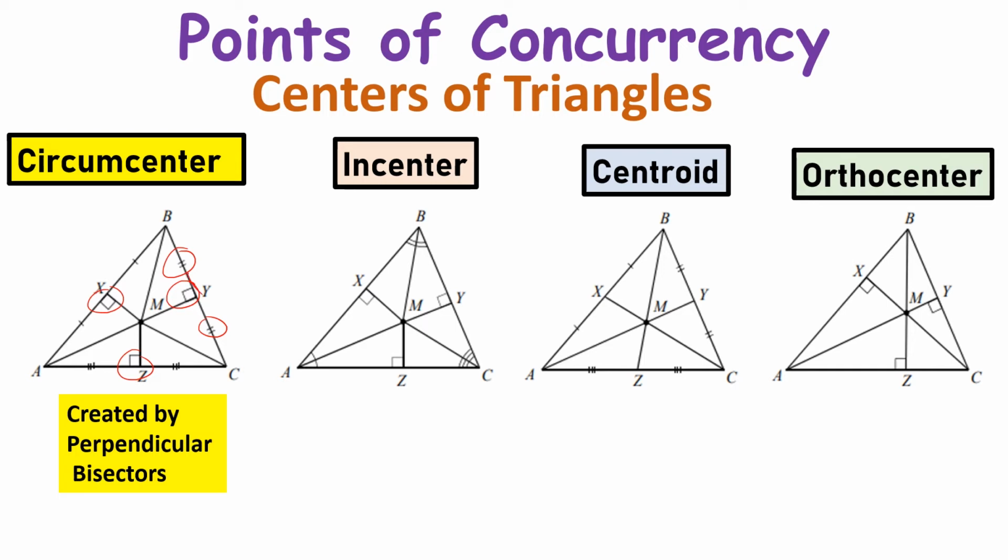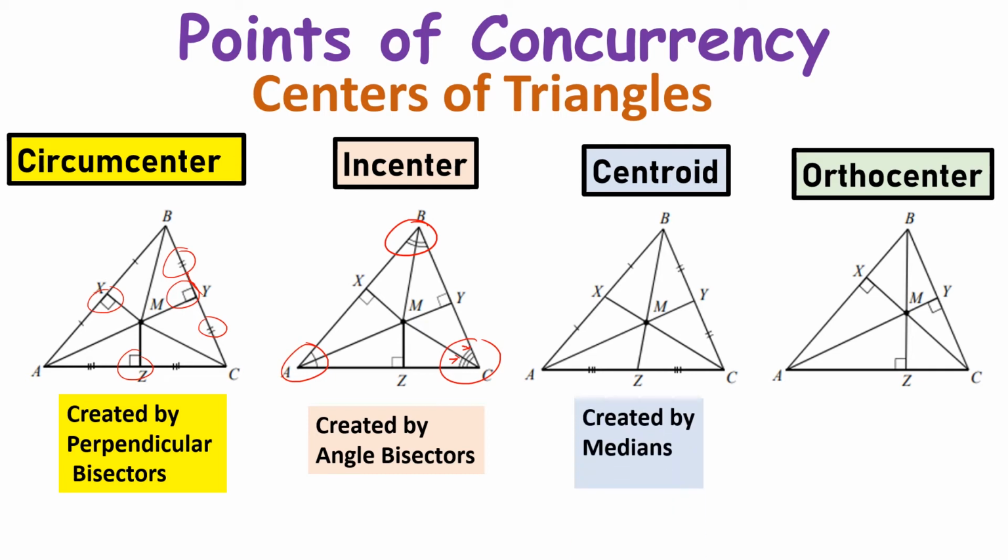So circumcenter created by perpendicular bisectors. Next you have incenter. They're created by angle bisectors, and if you notice here, we have these angles, and we know that they are bisected because we have the congruence marks for each of these angles, meaning they are cut in half equally. So incenter created by angle bisectors.